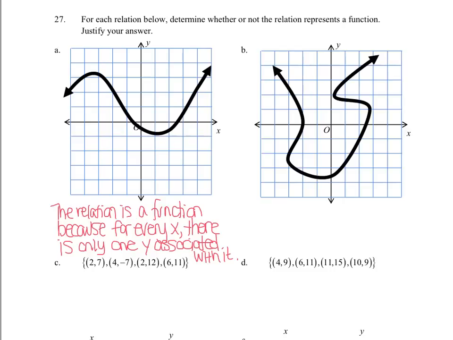For part B, we can see that when we're going along, there's certain x values that have more than one y associated with it. For instance, if I put in x equals 1, I don't know which of these three answers I'm going to get. So B, the relation is not a function.